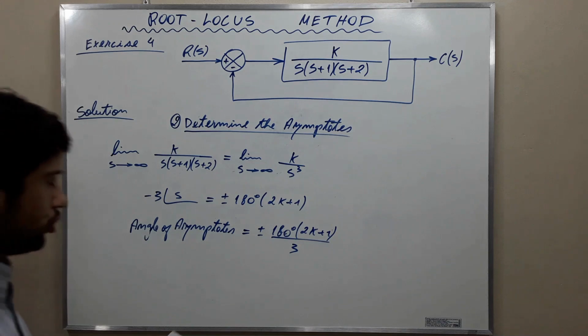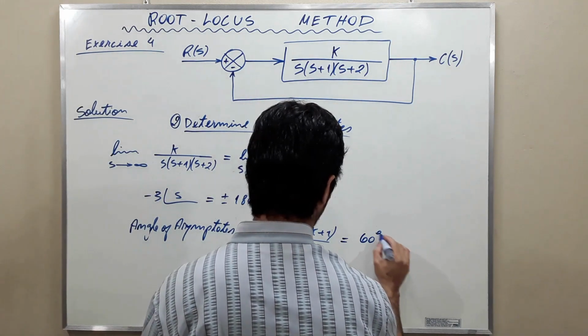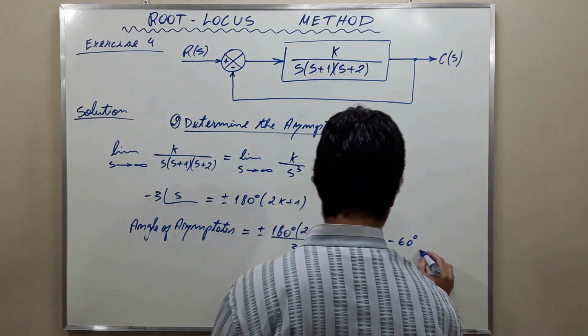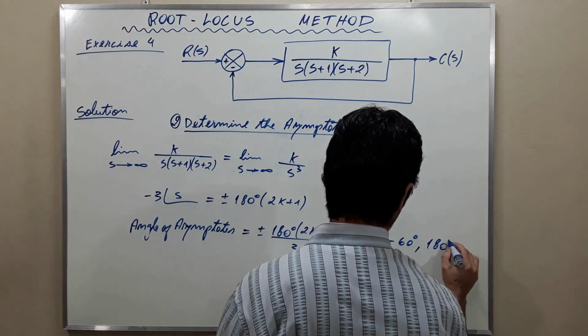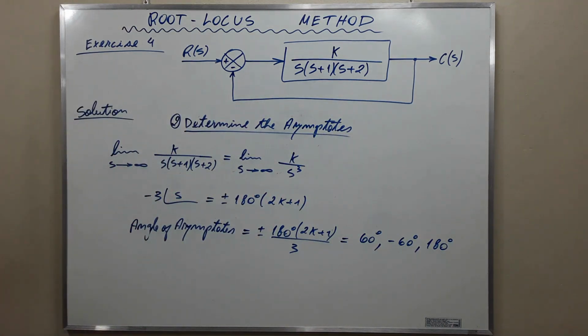And we choose 60 degrees, -60 degrees, and 180 degrees. These are the angles that we choose. Okay?